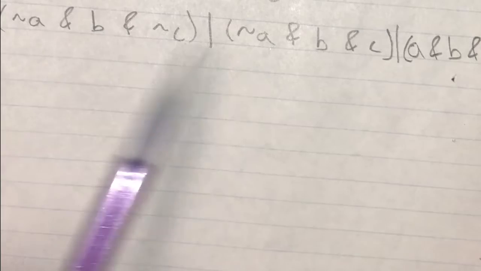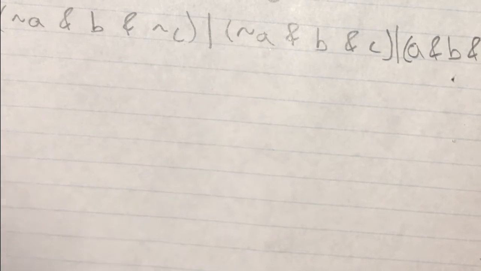What we notice is that in the first two expressions we have a not A and a B. So what we can do is put these together.